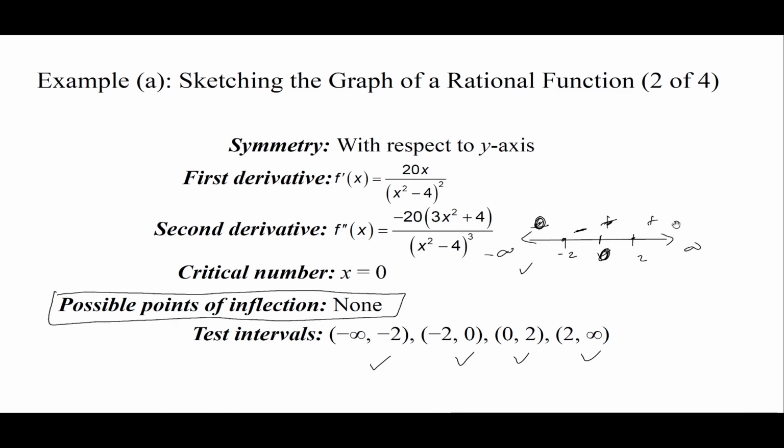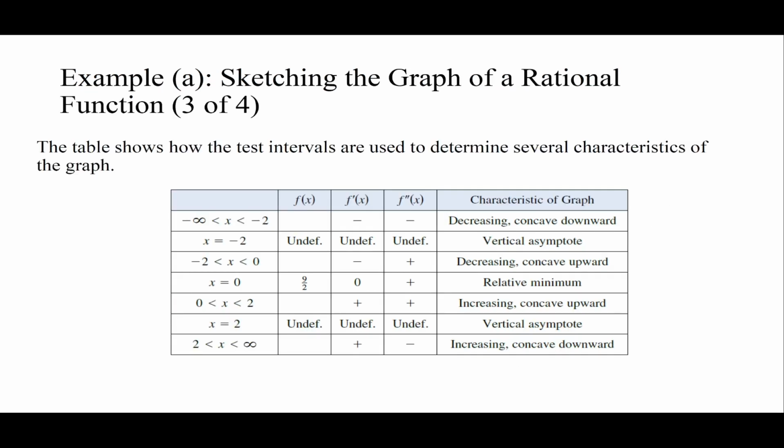So on this interval and on this interval, the second derivative is positive. But what about here? If you pick something from here, let's say 0, then your second derivative would actually be positive. So that will help us for finding where the second derivative is positive and where the second derivative is negative. And we can do that by using some testing points. So on this first interval, the first derivative is negative, second derivative is negative.